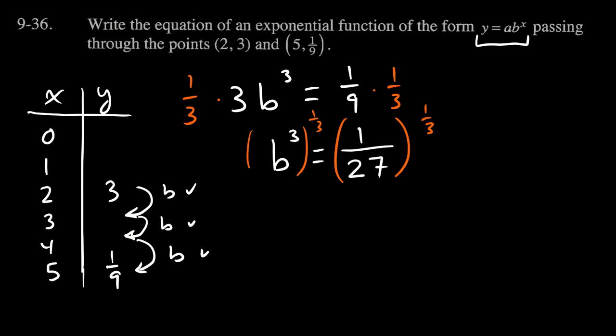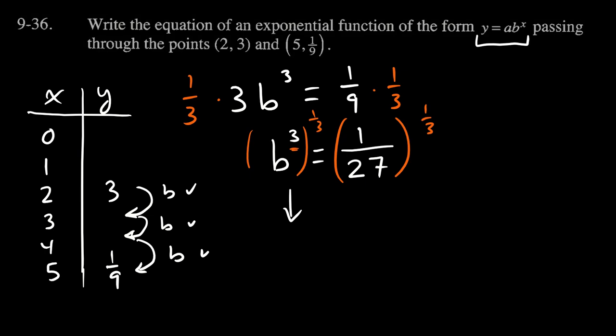And the reason why I selected a 1/3 is I've noticed that inside here I'm cubing this value b. And I know that if I raise a power to a power, I'm going to use multiplication to simplify that. Well, if I've got b to the 3rd and I raise that to the 1/3, that becomes b to the 1st power. So all of a sudden, this thing is no longer b to the 3rd.